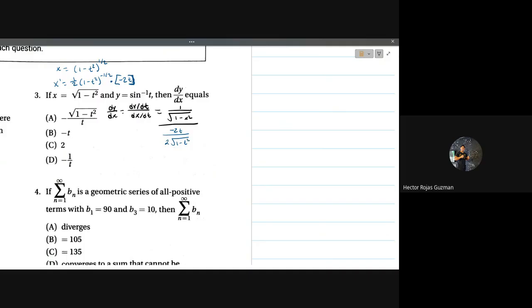Okay. Next, we can go ahead and multiply by the reciprocal. But we're not just going to multiply by the reciprocal. I'm also going to simplify these right here. And the radicals cancel each other out, leaving me with 1 over negative t.